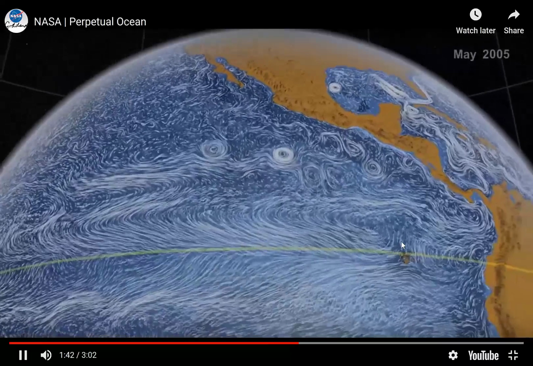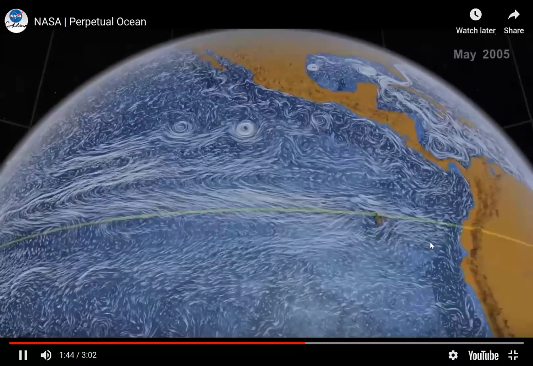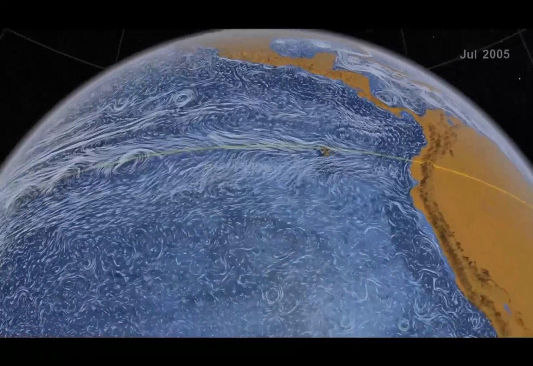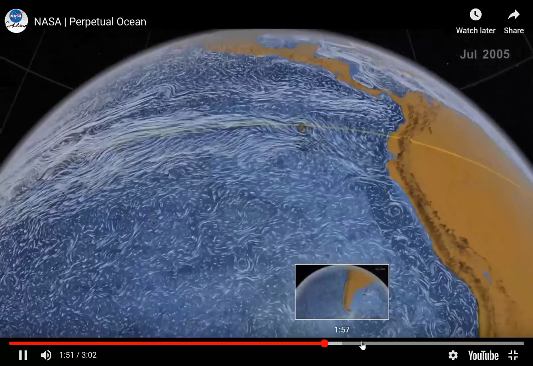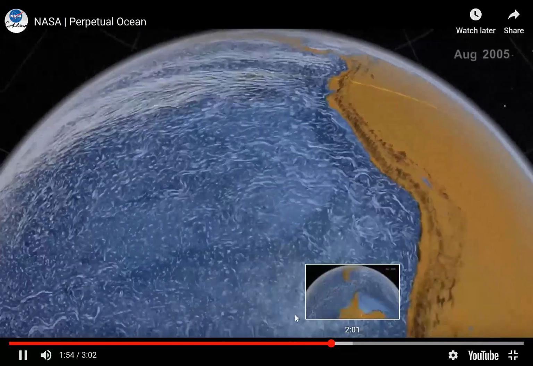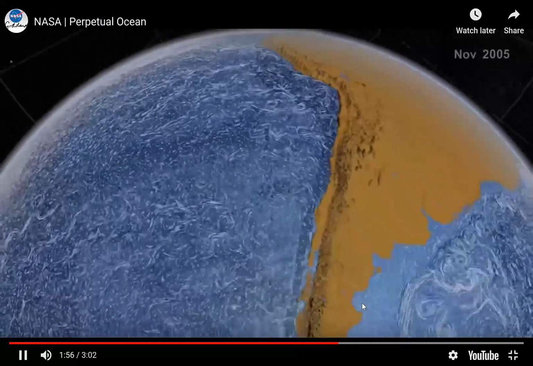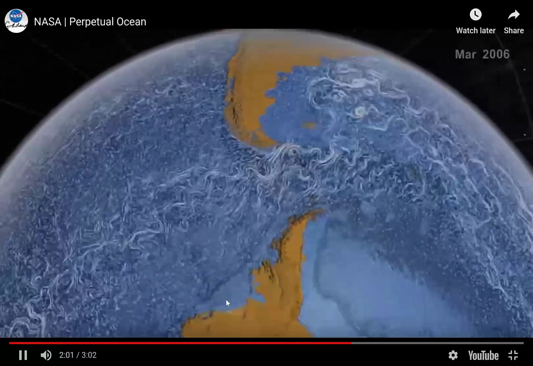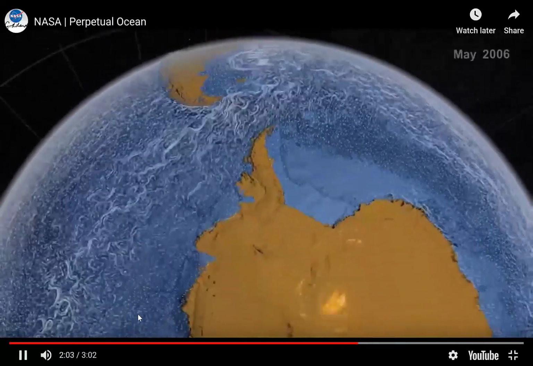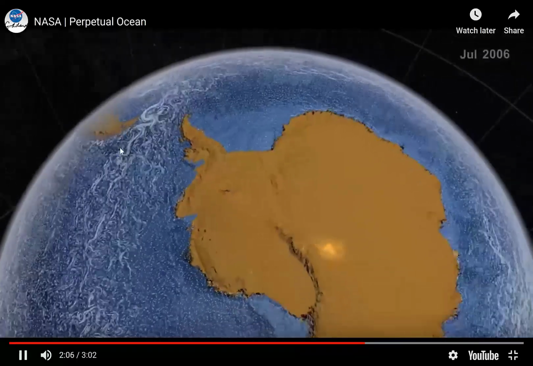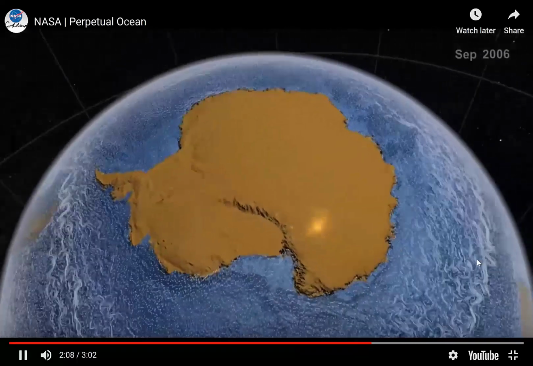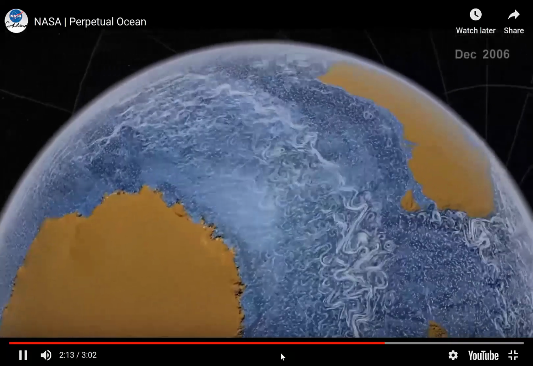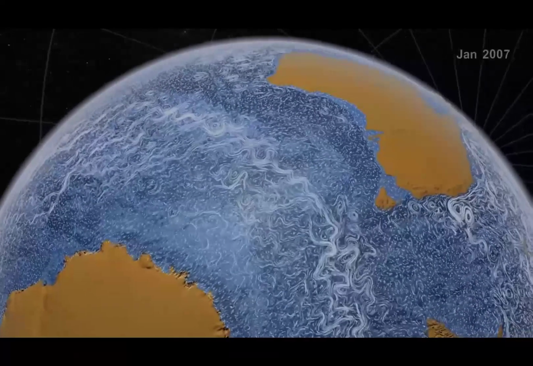On the eastern side of the Pacific, here we are coming up to Antarctica, and we have a circulating current that goes right round Antarctica, the circumpolar current which runs from west to east.